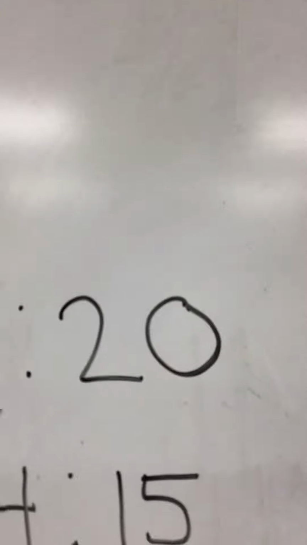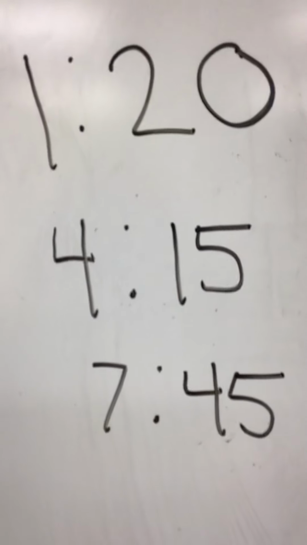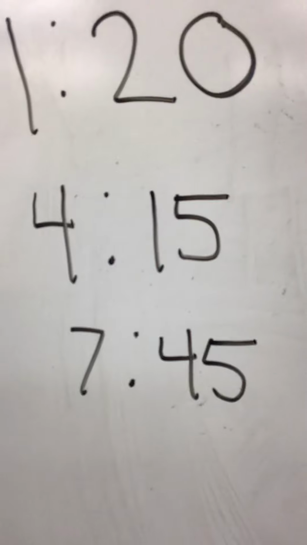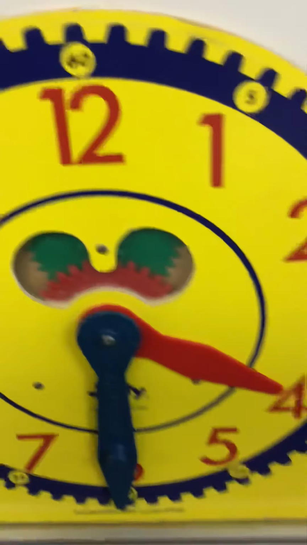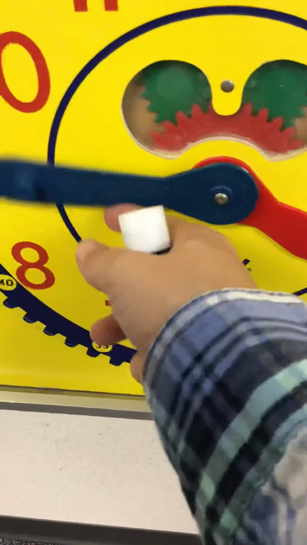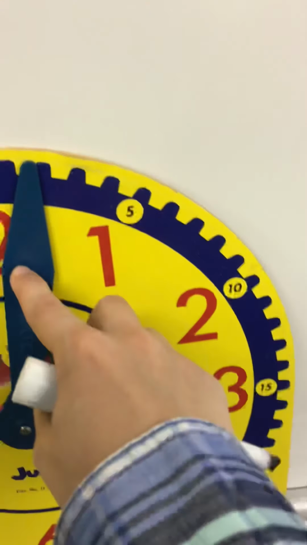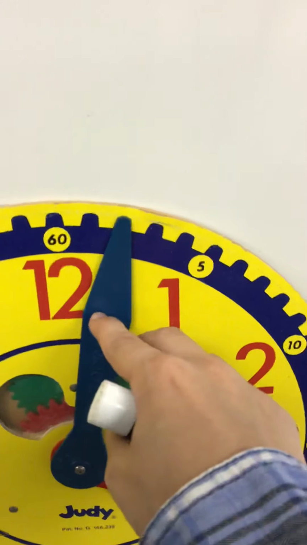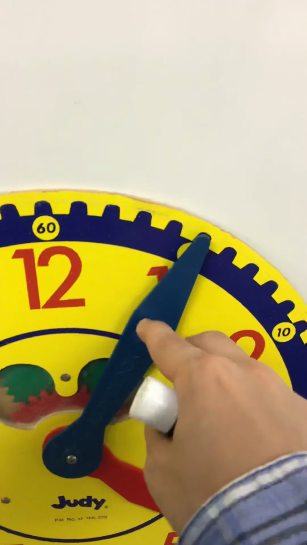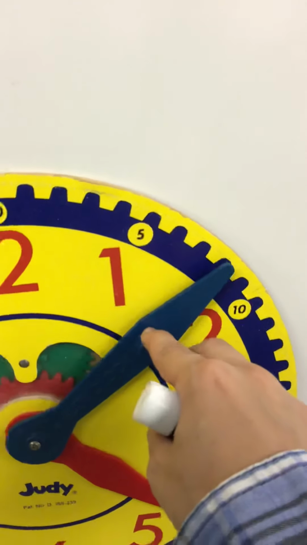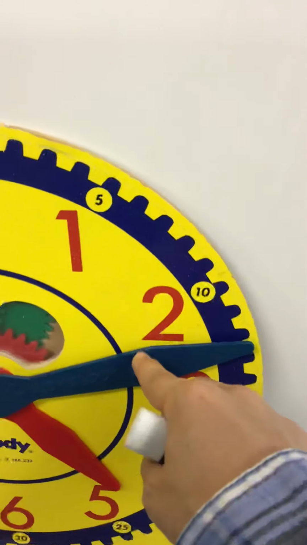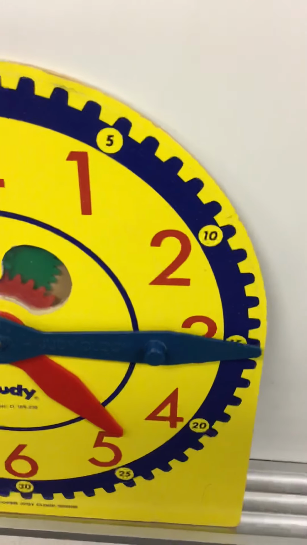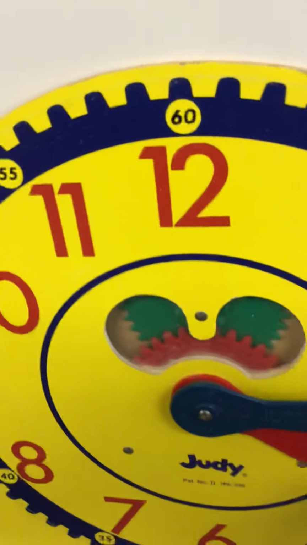So we have 1:20. Next we have 4:15. So we know for 4, our little hand's gonna be on the 4. And we know that if it's 4:15, we go 1, 2, 3, up to 15.